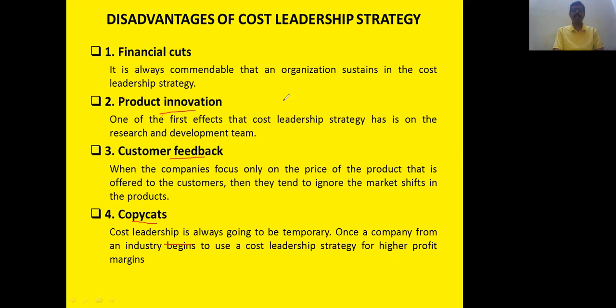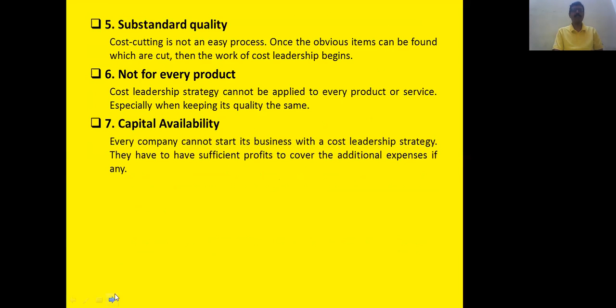They must not copy the existing technology, because sometimes their brand name will be termed as a copycat. Next one is the quality sometimes goes down if they are least cost producers.